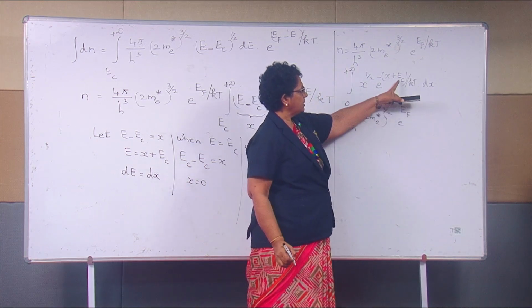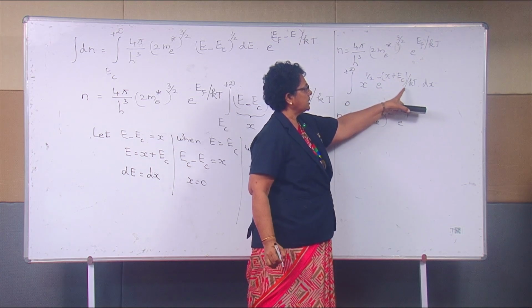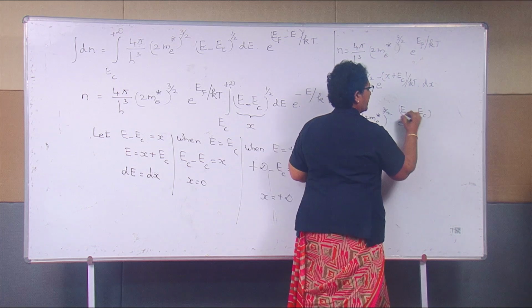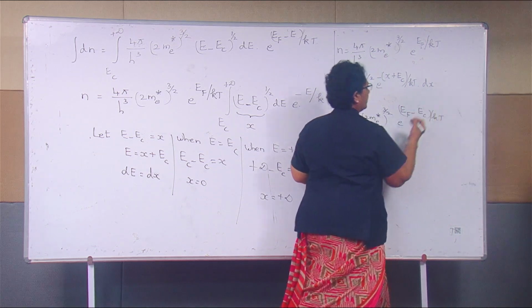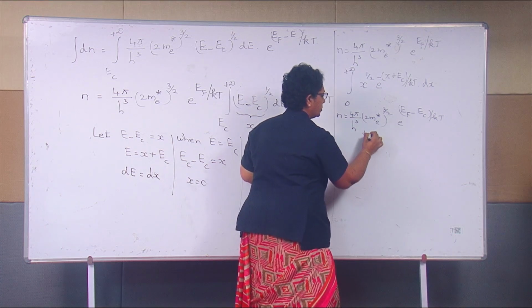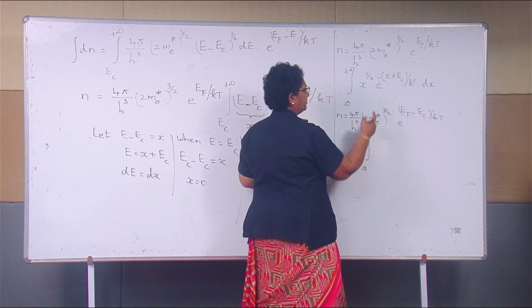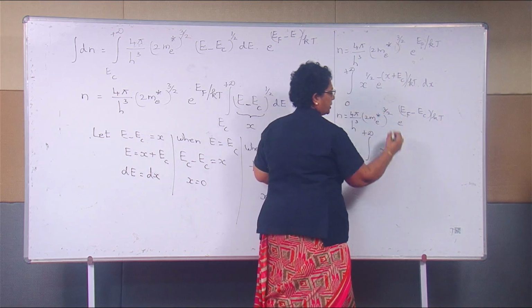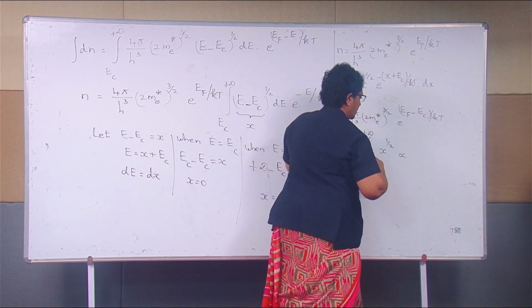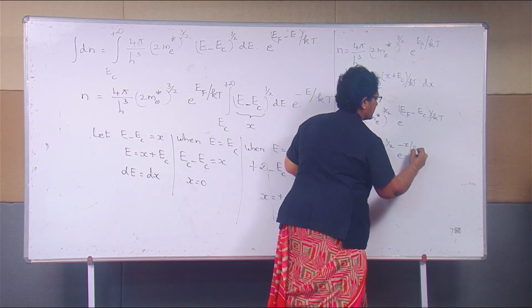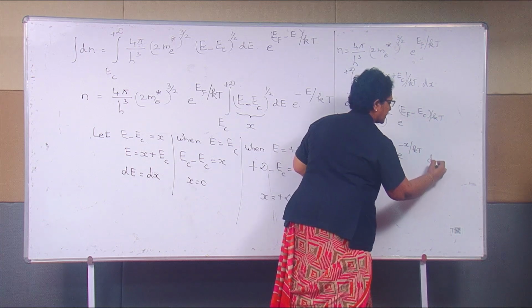Now I can take this outside, minus EC by kT. So minus EC by kT, and the integration 0 to plus infinity x to the power of half, and the leftover portion here will be of just e to the power of minus x by kT into dx.